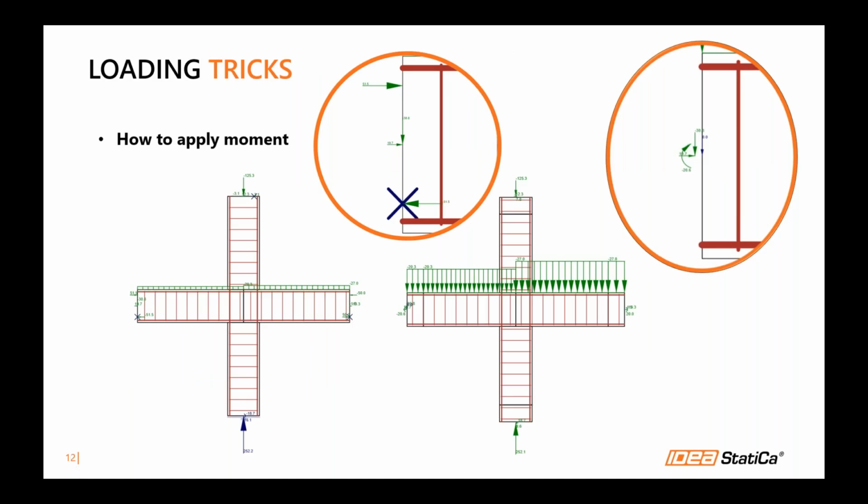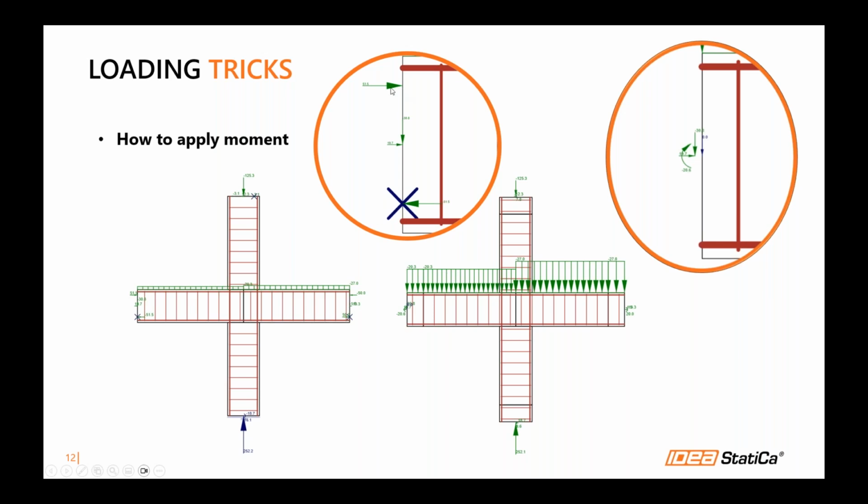Then what I did for the column, because it was only part of the structure, I inputted the recalculated moment and the forces. There is also an even easier way. You don't have to use the line load for the moment.